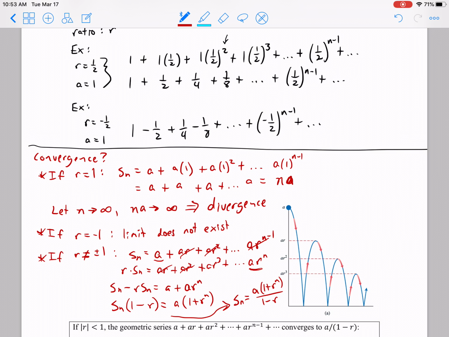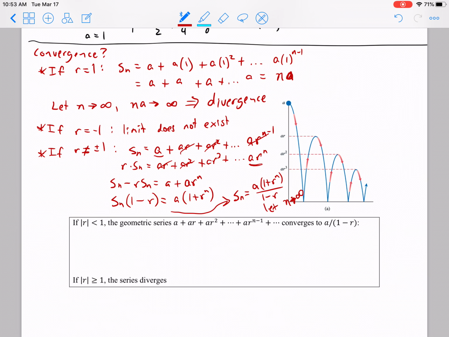And at that point, we can let n go to infinity. That gives us here, if the magnitude of r is less than 1, then the geometric series a plus ar plus dot dot dot converges to a over 1 minus r. So in other words, the sum from n equals 1 to infinity of ar to the n minus 1 is going to equal a over 1 minus r.